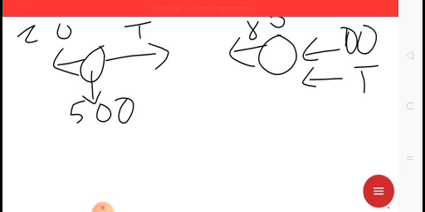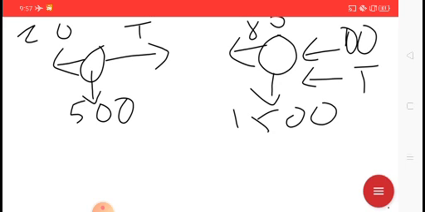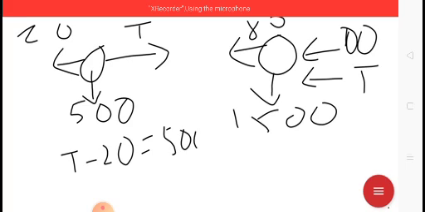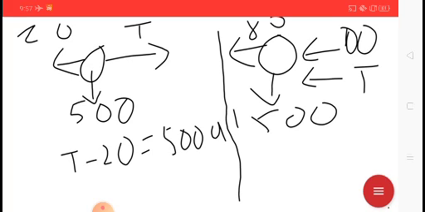Three items, so the mass is 1500. In this situation, you can choose which one you want to use. Let's say I use the simple one. So T minus 20 is equal to 500A.